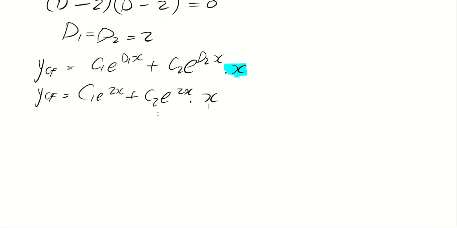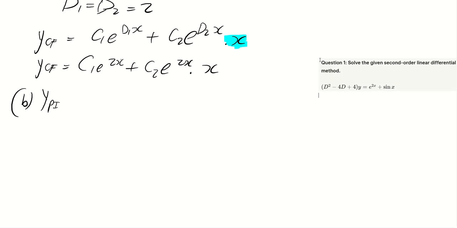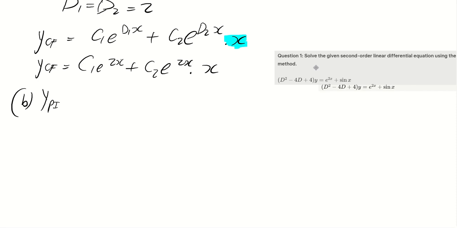Since we are done with our YCF, now we go to step B, or step 2. Step 2, we have to find the YPI, the particular integral. To find the particular integral, I'm just going to paste the original equation here. On the original equation, you can see that you have y there. So you're just going to make y the subject of the formula.